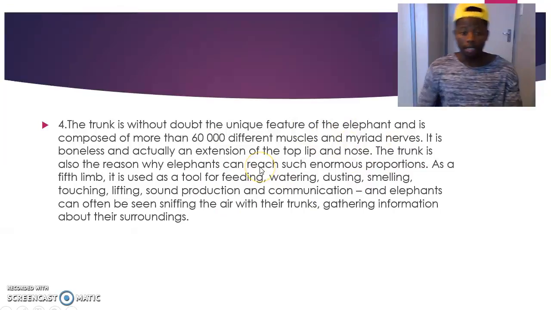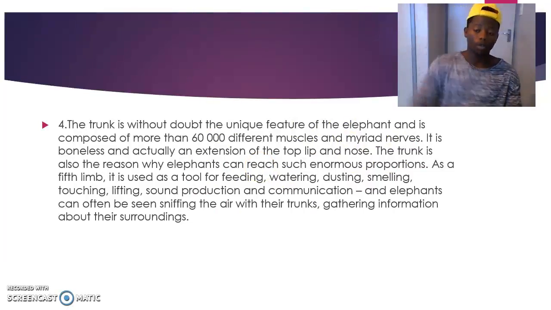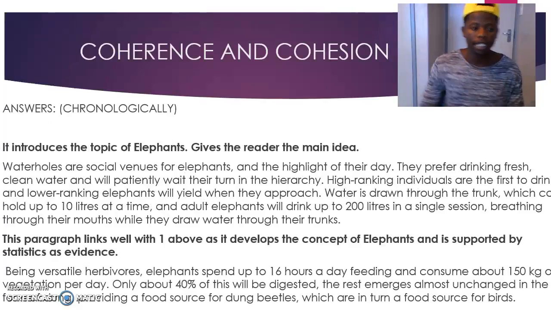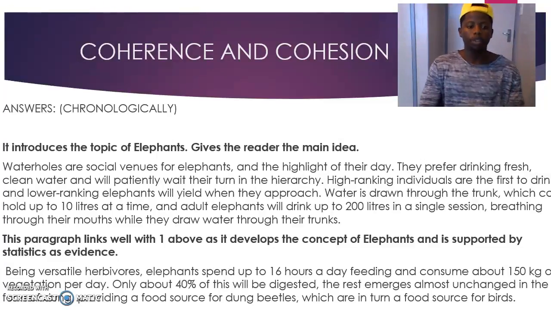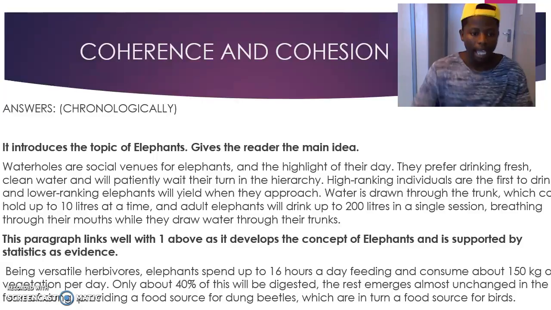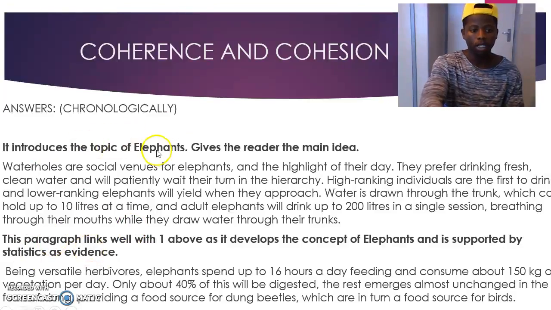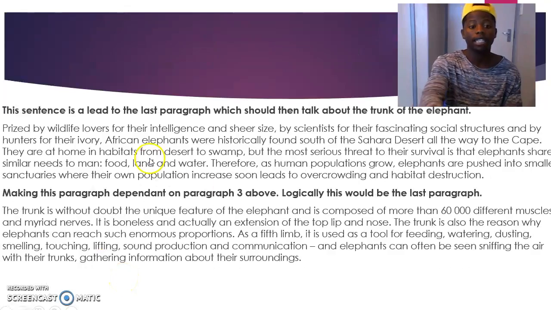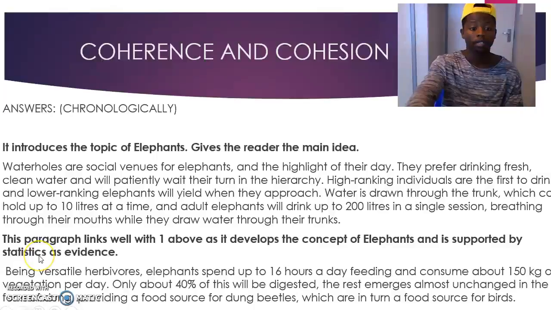Also, this one is a little bit messed up. But now you can go through those paragraphs and read them. Then after reading them, you will try to combine them and see if they make sense. But also what I did is that I looked at them and put them in chronological order, and I explained with the headings there, the ones that are bold, why I say that this is the first paragraph, why this is the second paragraph, and why this is the third and final one.